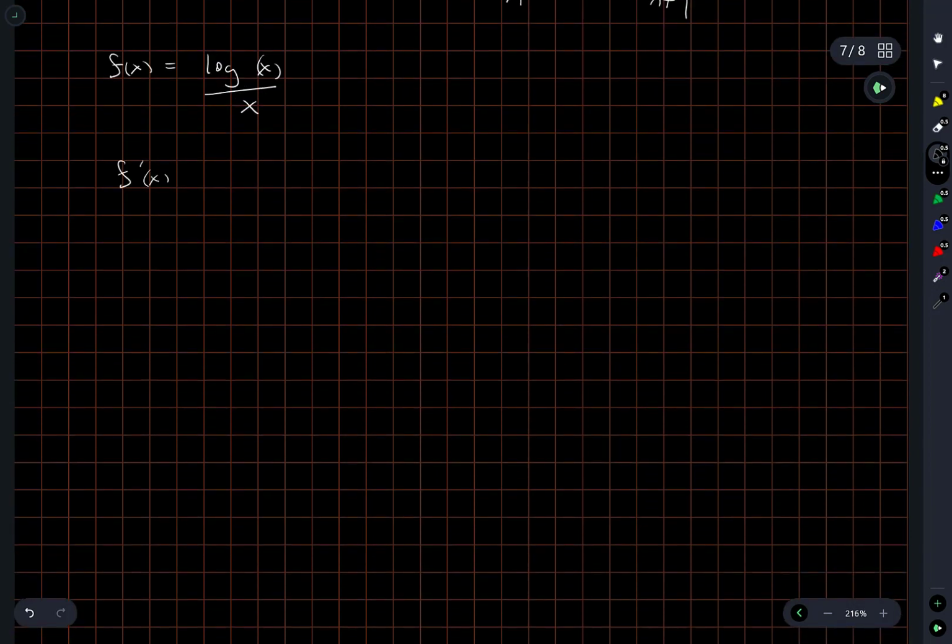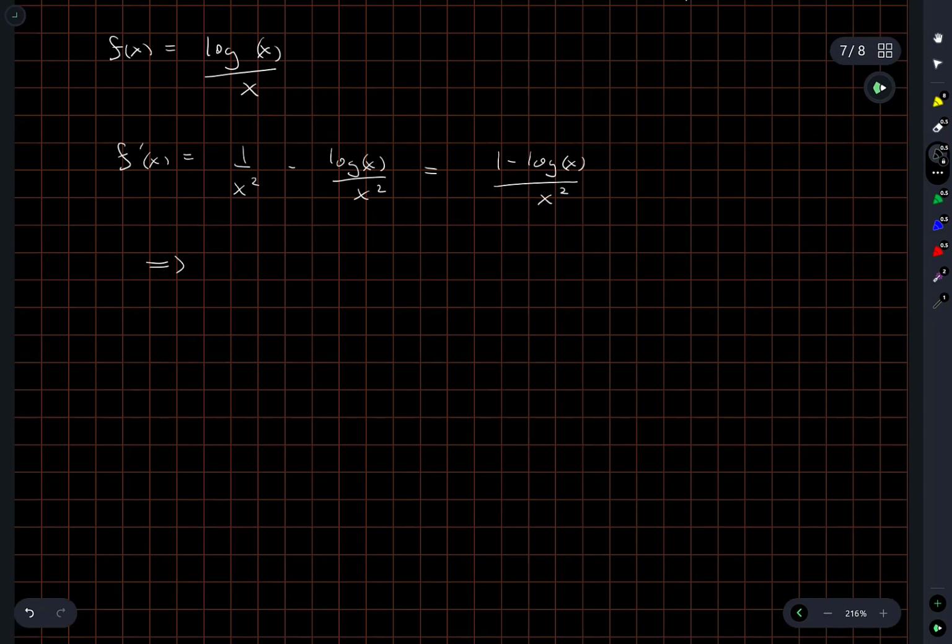The way I'll do this is by computing a derivative. Okay, so the derivative of my function is given here. This says that f of x has a maximum at x equal to e, because the derivative will be equal to 0 there.